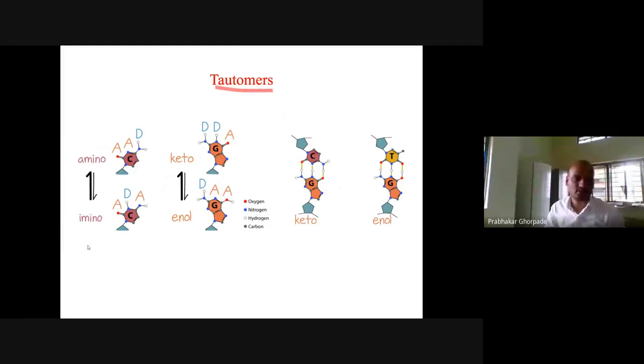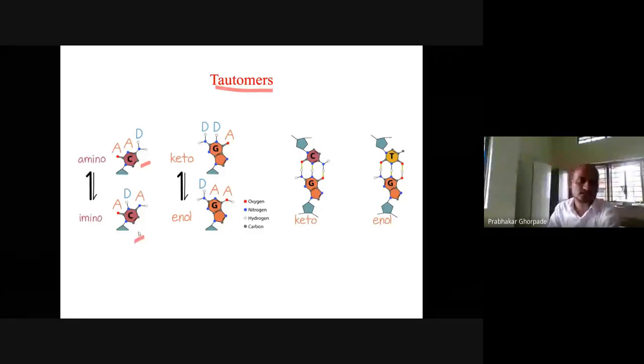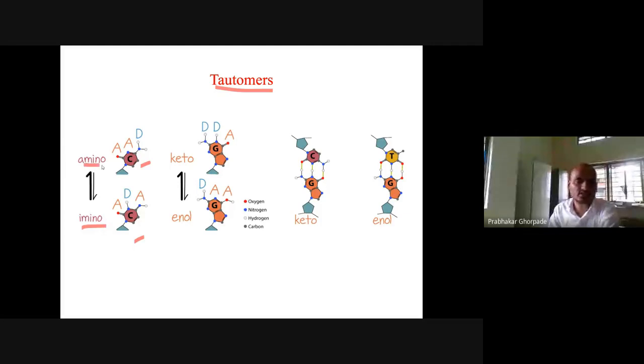This one is, for example, a C, and this one is also a C. So this cytosine can be in the amino form or imino form. If it is in the imino form, we can see here ADA is written. A is an acceptor, D is a donor, and the other A is an acceptor.